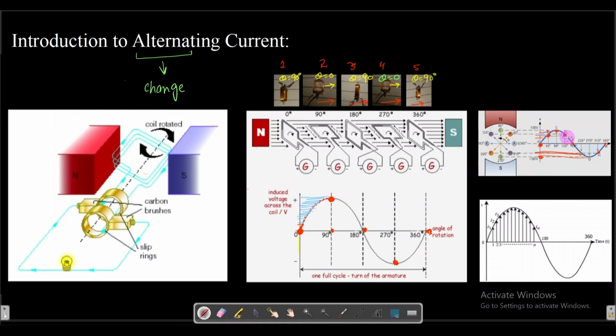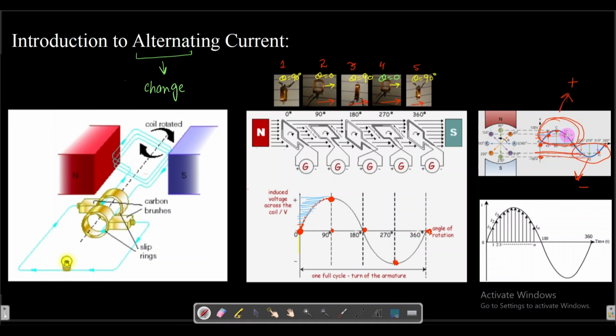Okay, and this is the change in magnitude. The graph above the mean position represents the positive, and the graph below the mean position represents the negative.